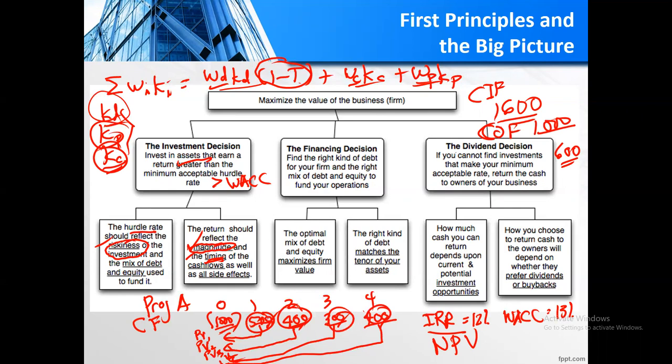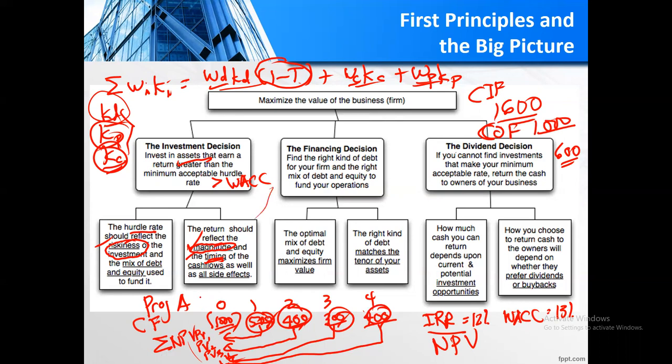Once we are able to get the equivalent value now, so what's the equivalent value of 500 in 1 year's time now? Once we are able to get the equivalent values, then it is safe to say that we can now add these cash flows. And the net of these cash flows is what we call the net present value.